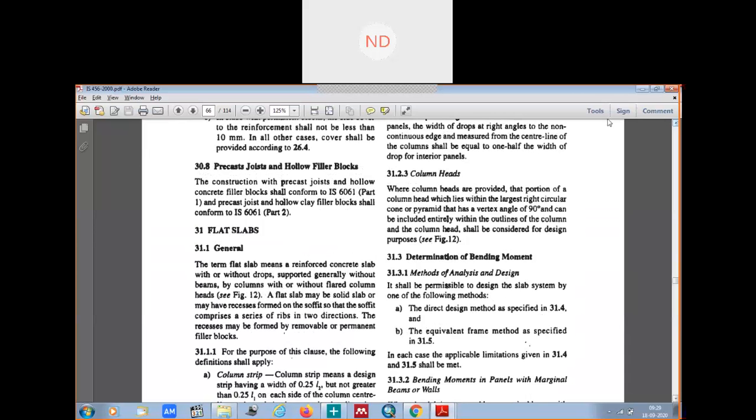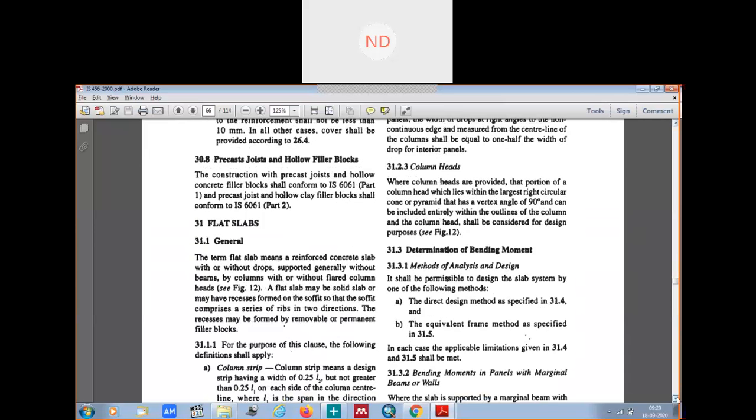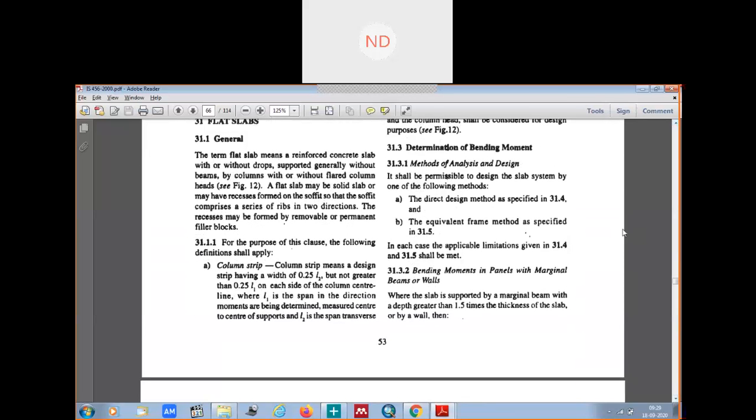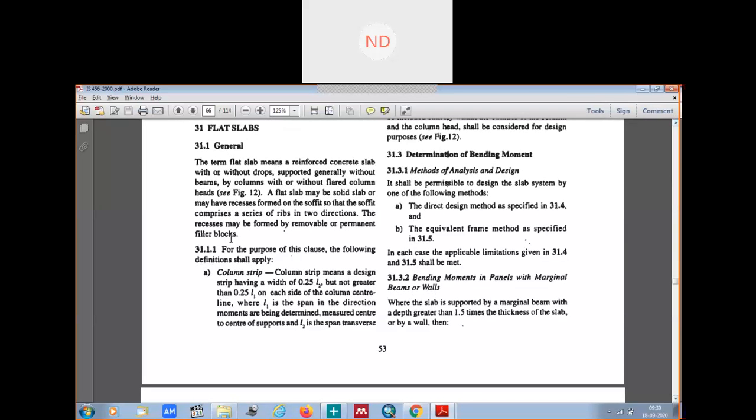Here we will go to clause number 31, in flat slabs, 31.1.1. For the purpose of this clause, the following definition shall apply.